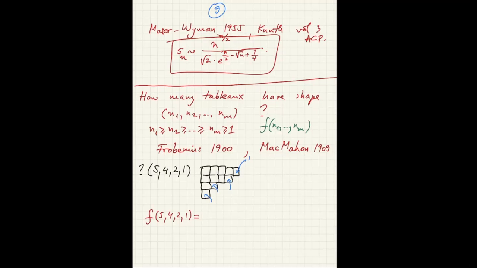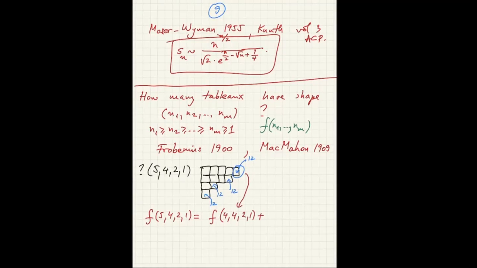And so 12 could be there, or 12 could be here, or here, or here. If 12 were to be here, then the number of tableaus is the same as if we remove 12 from that position, and then we end up with a 4, 4, 2, 1.